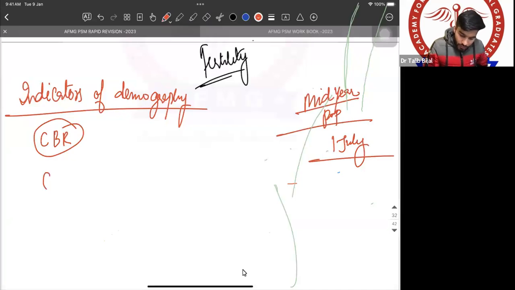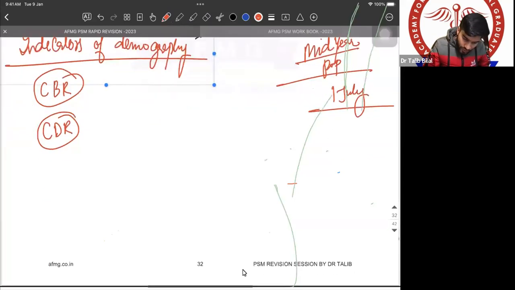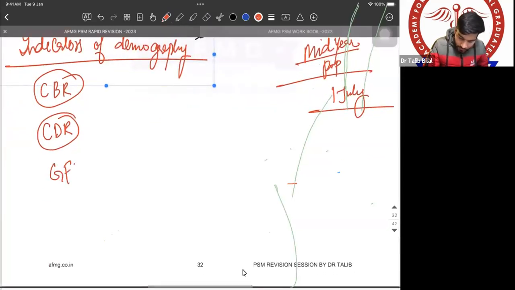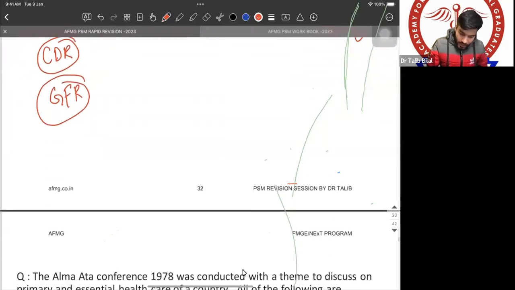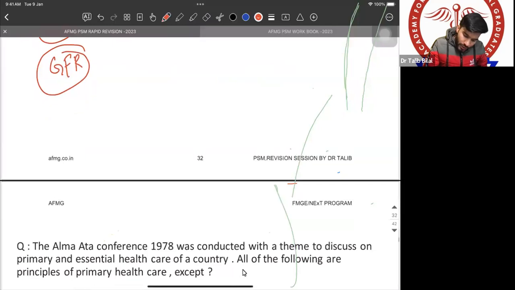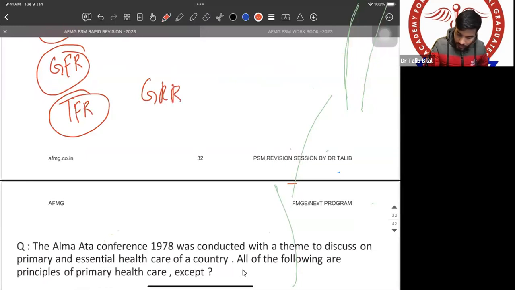For crude death rate, number of deaths upon total mid-year population multiplied by 1000. You will check general fertility rate: total number of live births upon total mid-year population in the reproductive age. You will also check total fertility rate and gross reproduction rate.